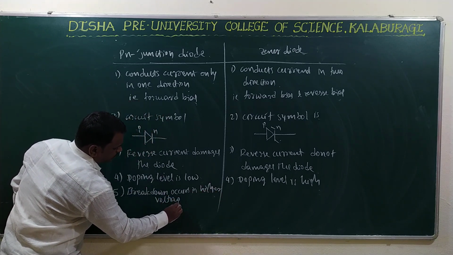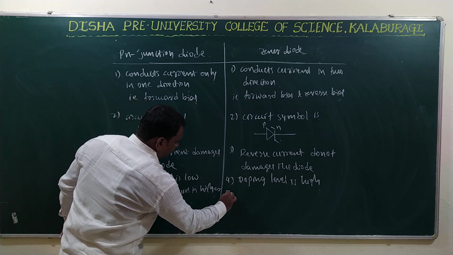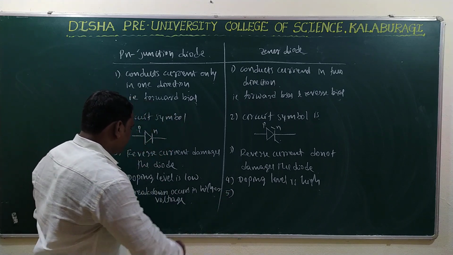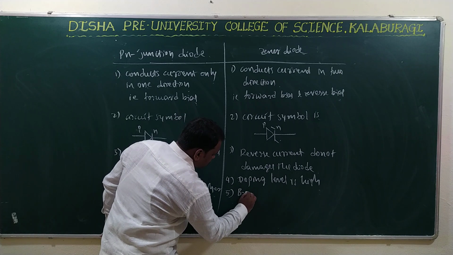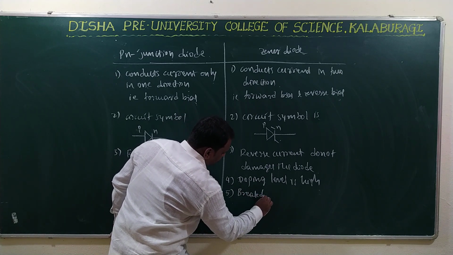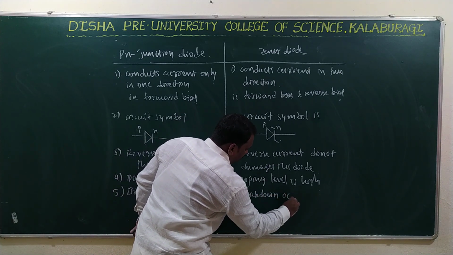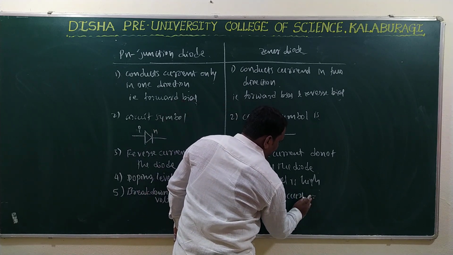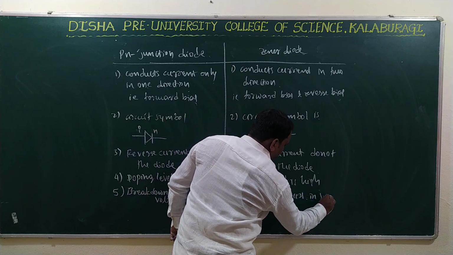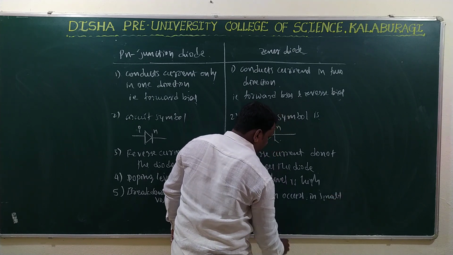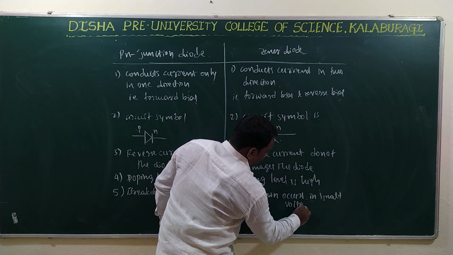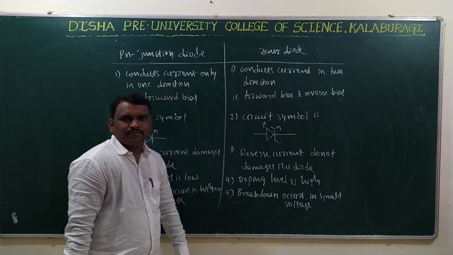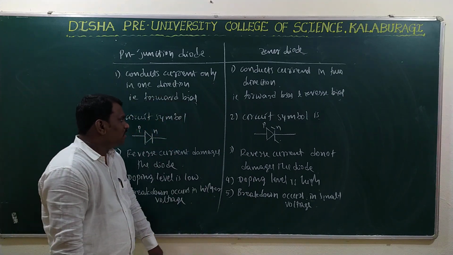But in a Zener diode, the breakdown occurs at a small voltage, right? Breakdown occurs at a small voltage.